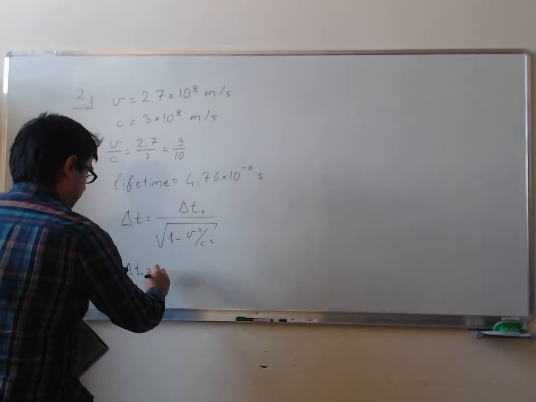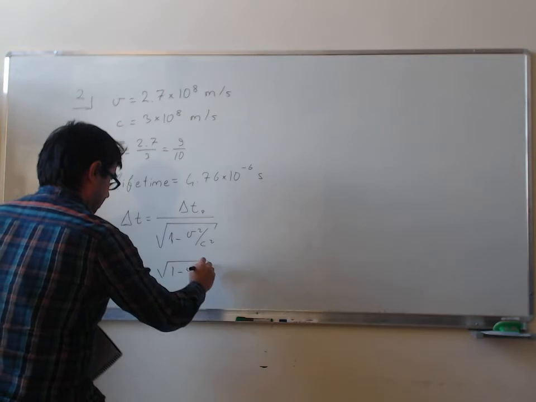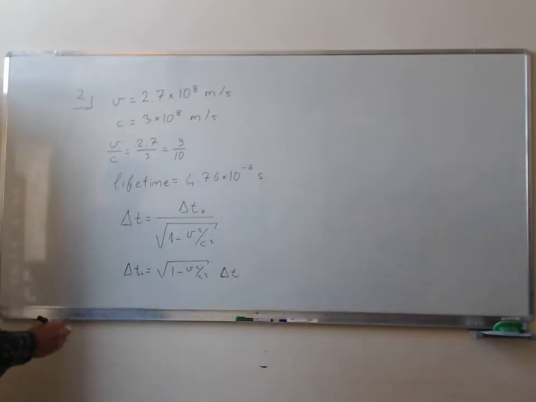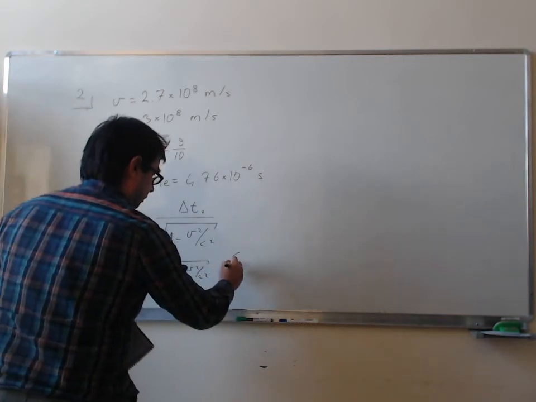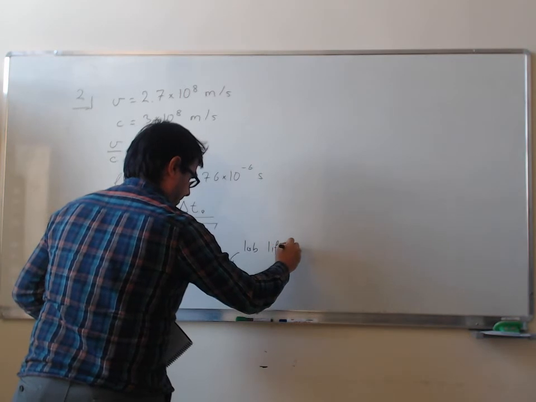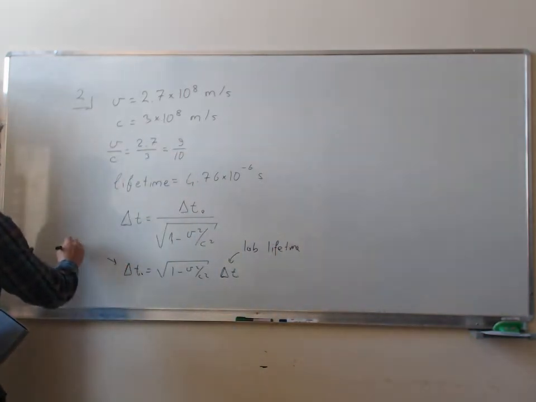So that's going to be the square root of 1 minus v squared by c squared times delta t. If this is the lab lifetime, this is going to be the rest frame lifetime.